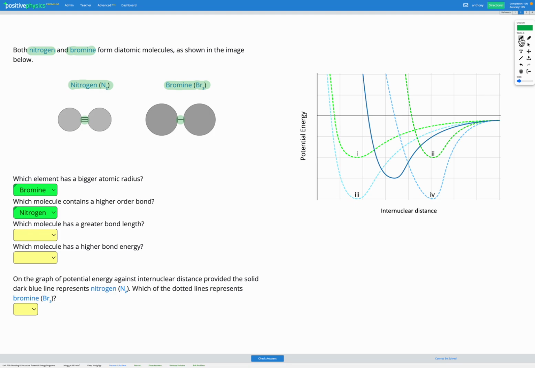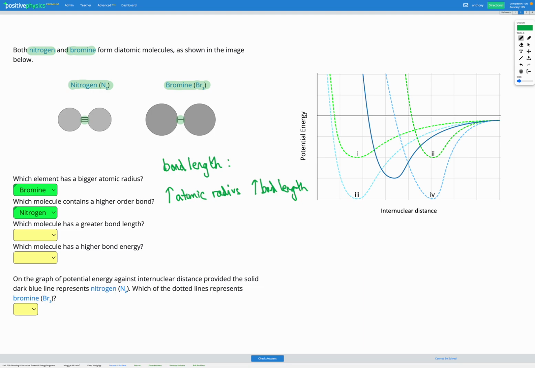So we need to remember for the bond length, there are 2 things. As the atomic radius increases, the bond length is also going to increase.